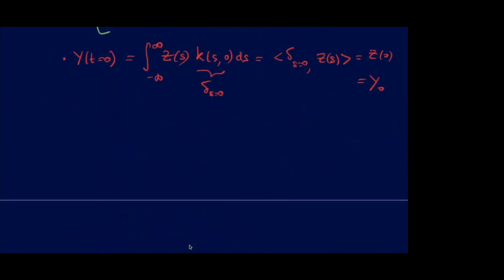What is the time derivative of y? Well, it's the time derivative of this integral of z(s) k(s,t) ds. But the time derivative and the integration with respect to s commute, right?